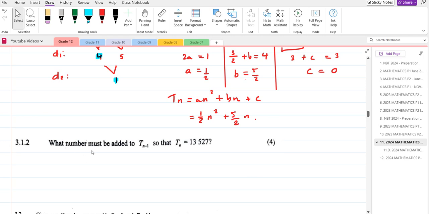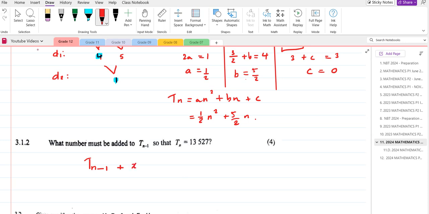What number must be added to Tn minus 1 so that Tn is equal to 13,527? What number must be added to Tn minus 1? So we're going to say Tn minus 1 plus a number. What number must be added? Let's call it x, plus x.